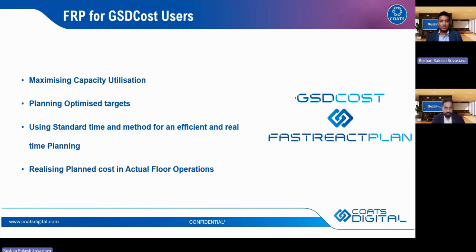If your capacity utilization is improved, it indicates that your planning is optimized, your targets are optimized. You are not over-planning your lines, you're not under-planning your lines, you are planning to the actual production that you can get. As you know, there is a scientific background behind GSD which provides you the SMV ultimately. So you are planning an optimized target for your lines.